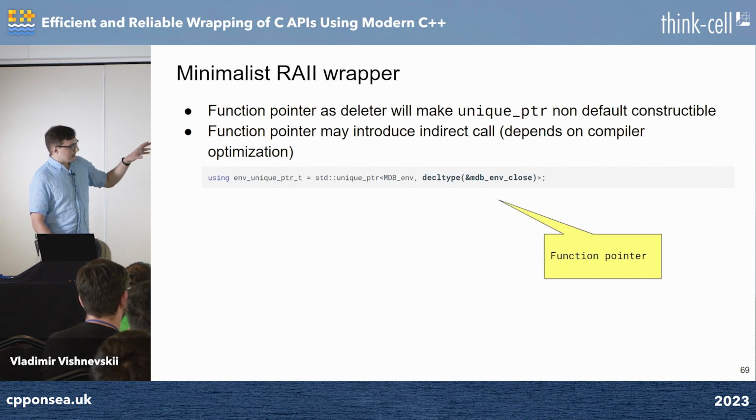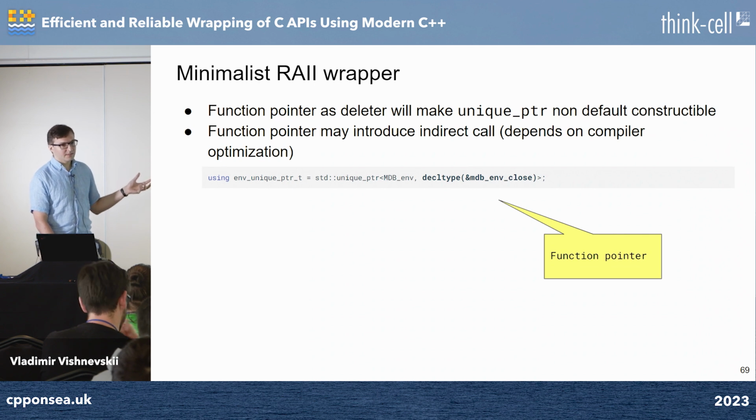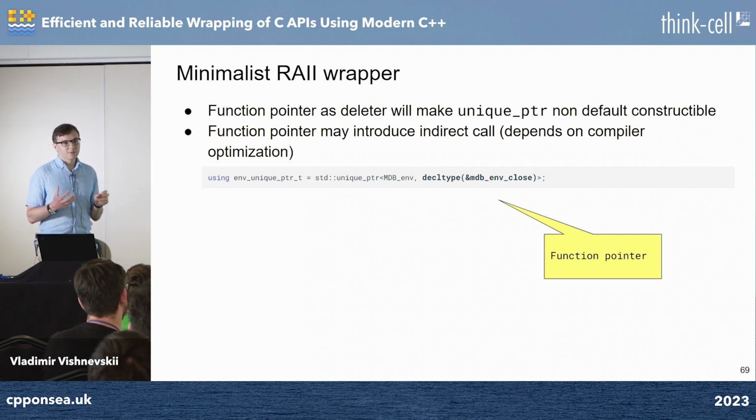There is a possibility to specify that we want to use just a function as a deleter, but it brings some limitations. First of all, our handler will not be default constructible. And also, generally speaking, we are here introducing a function pointer, and a function pointer is an indirect call, so it will very likely be optimized, but that depends a bit on some conditions.